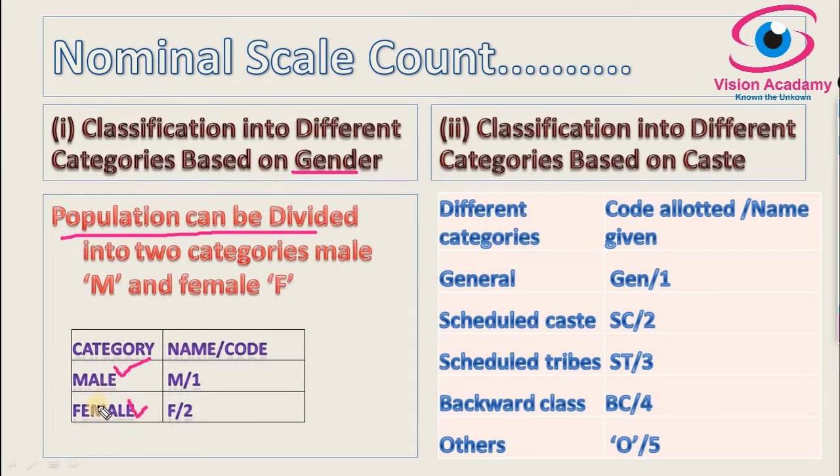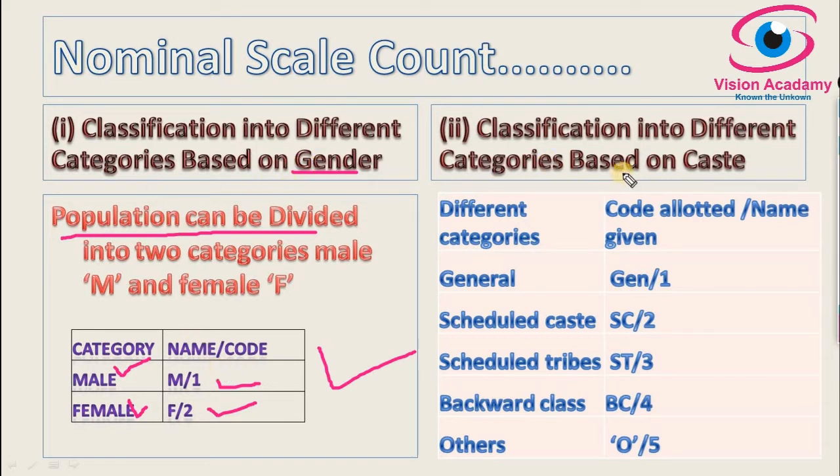These are the common names, and for those names you can give codes, male as 1, female as 2. So here the population is divided into 2 categories, and under the whole population, those 2 categories are falling. Here we just gave a code or name or symbol to the categories of the population.